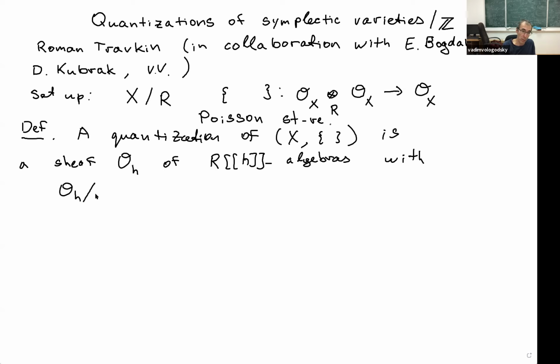And if I mod it out by h, it comes together with an isomorphism with the structure sheaf.